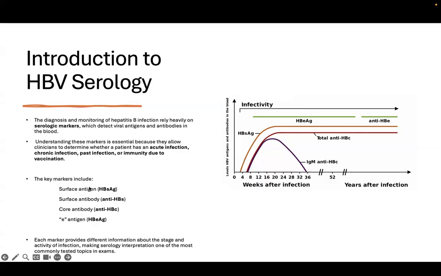We look at the surface antigen, the HBs, and the surface antibody. So do we have any antibodies against the surface antigen? The core antibodies, so these antibodies on the inside, and this E antigen. This E antigen is usually also found inside of your hepatitis B viruses, but it's indicative of something else. It's indicative of a very strong infection, which I'll talk about later. But we look at these four different types.